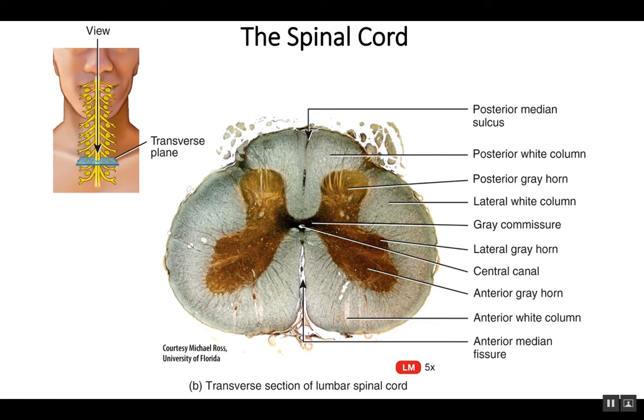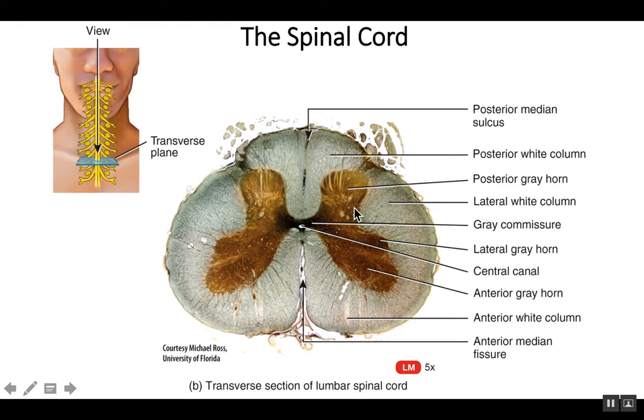We're not going to get into the specific variation between different levels. Again, this is the wrong image to represent a lumbar spinal cord. I believe your textbook does have the correct picture, so we will disregard this picture and look right here.